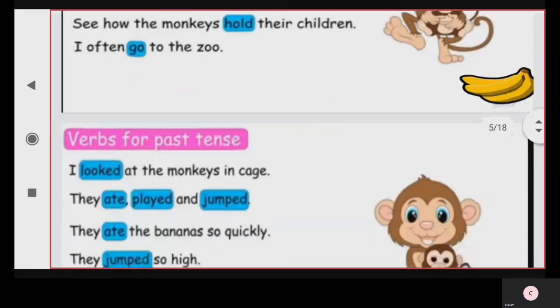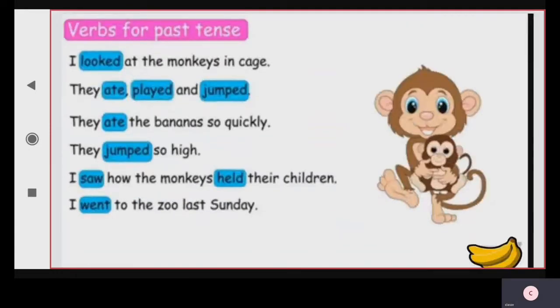Now, let's see some examples for past tense. Read the sentences, children. I looked at the monkeys in the cage. They ate, played, and jumped. They ate the bananas so quickly. They jumped so high. I saw how the monkeys held their children.